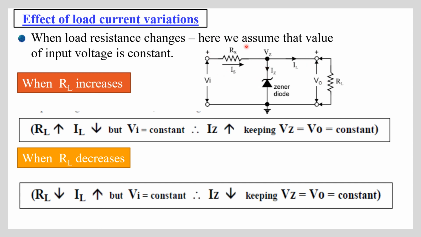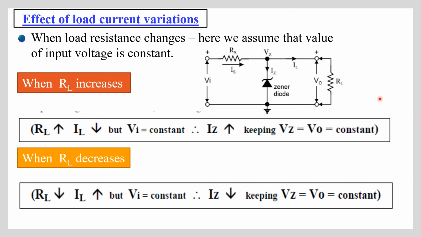So we try to keep the voltage across Rs constant. If the voltage across Rs remains constant, the same will appear at the output. So when RL increases, IL decreases, but Vi remains constant. How do we keep this constant, the voltage across the resistance? By increasing Iz, the current across the Zener diode, keeping the output constant.